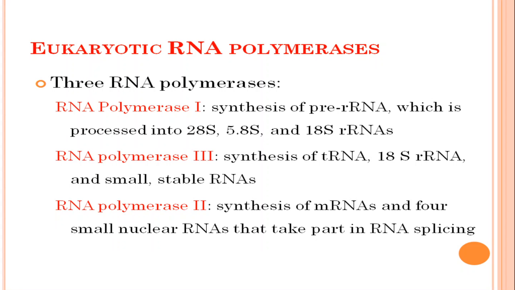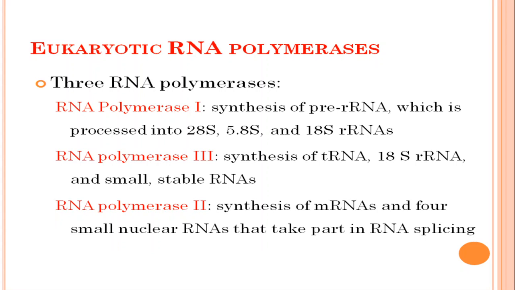In eukaryotic organisms, three different types of RNA polymerases are responsible for the synthesis of different types of RNA molecules. RNA polymerase 1 is involved in the synthesis of pre-rRNA, which is processed into 28S, 5.8S and 18S rRNAs.